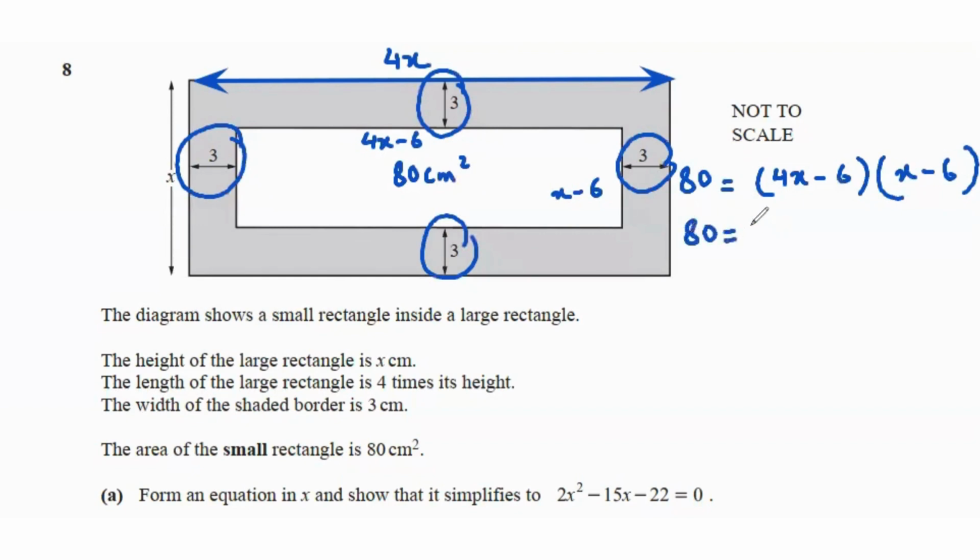So 80 equals 4x times x plus 4x times negative 6 minus 6 times x minus 6 times negative 6.